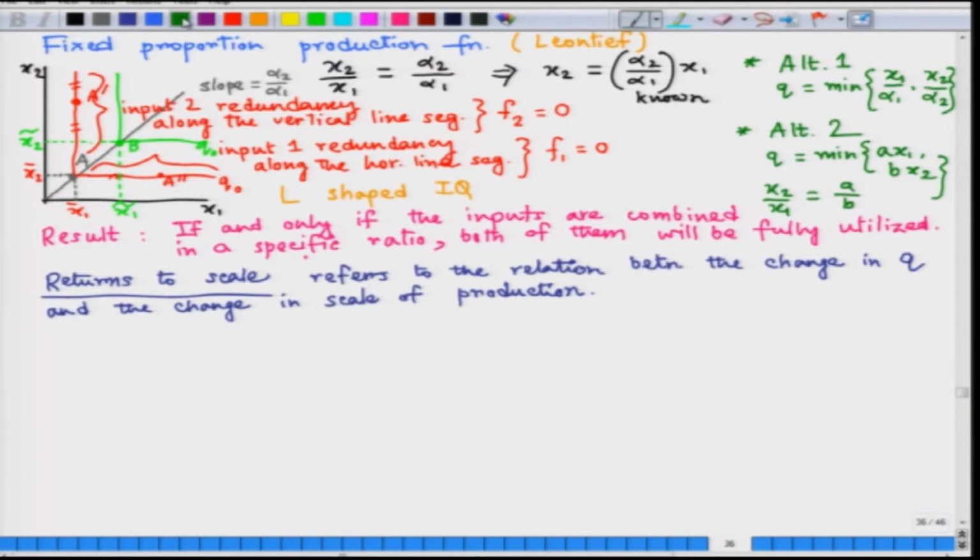Now, to show the concept mathematically, suppose we start with an input bundle x01, x02. So, that is basically my old or initial input bundle. And I assume both my inputs are variable inputs, right, and this gives me Q old level of output.